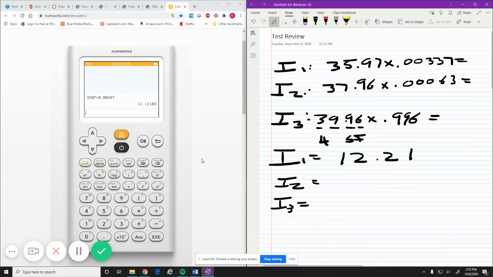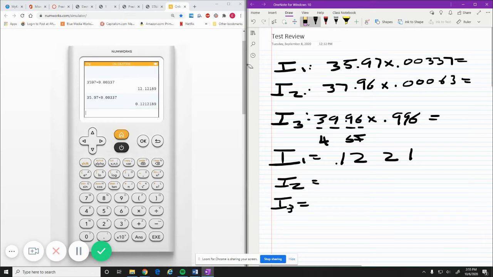And again, I made a mistake. 12 is too high a number. I should have put a decimal, so I'm sorry about that. 3.597 multiplied by 0.00337. If you caught it before I did, good job. Okay, so the decimal will be right there, and I will erase that.